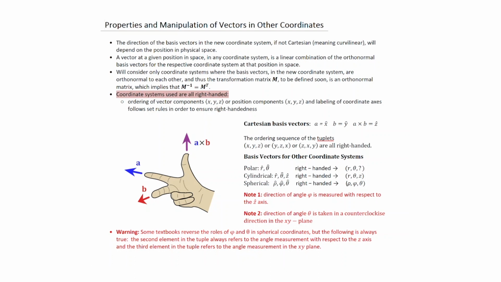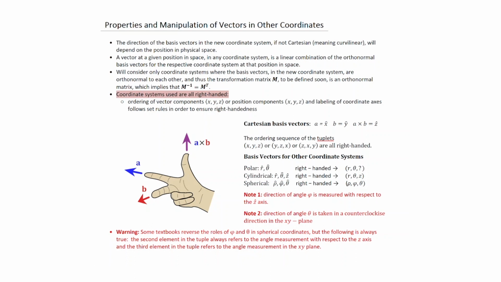So in the new coordinate system, we'll find these vectors are orthonormal to each other, and thus the transformation matrix M, to be defined soon, is an orthonormal matrix, and that means that it has a specific property. That property is that the inverse of the matrix is equivalent to the transpose of the matrix. That makes life a lot easier because it's a simple manipulation to go from one form to another.